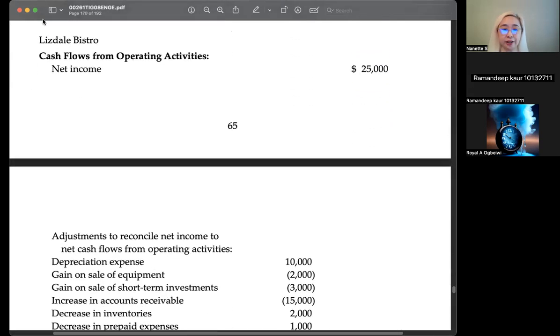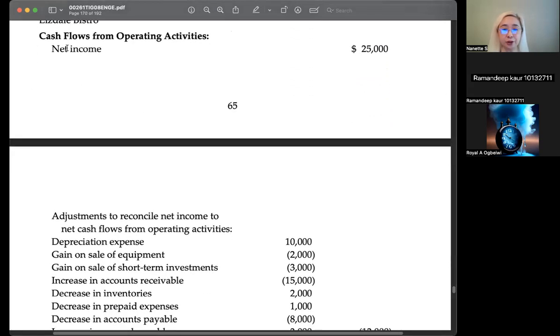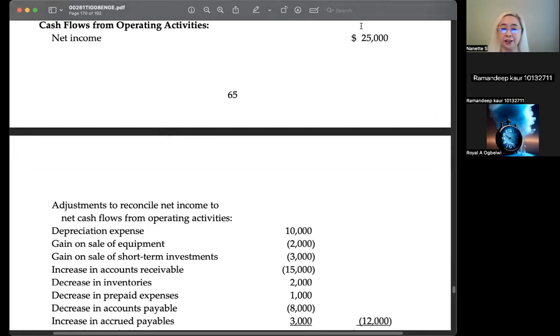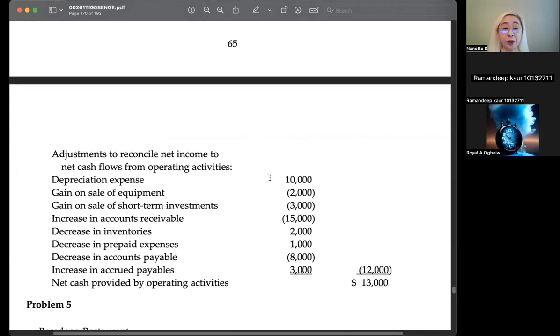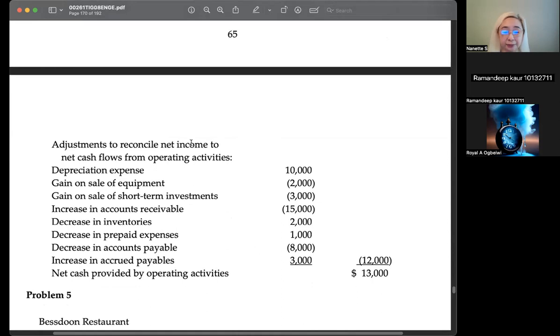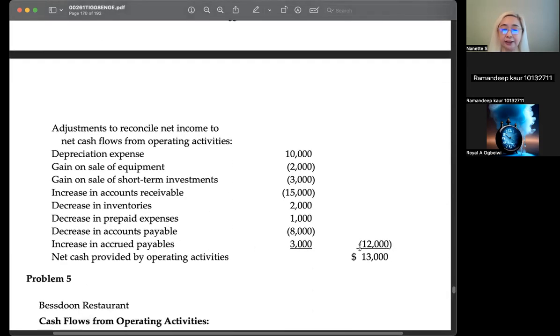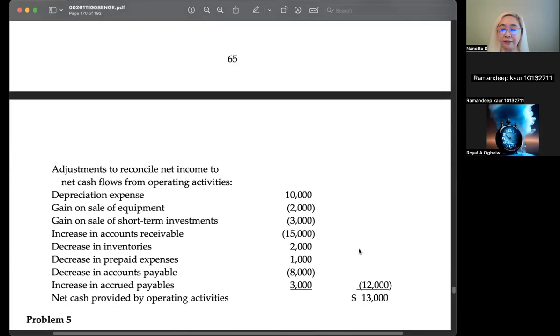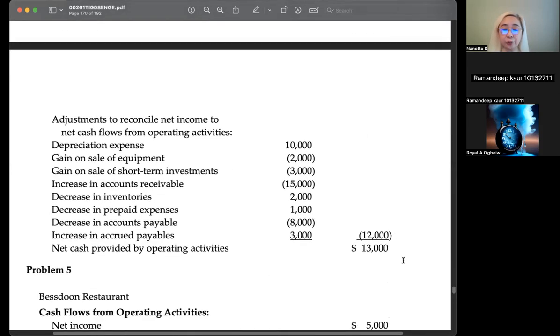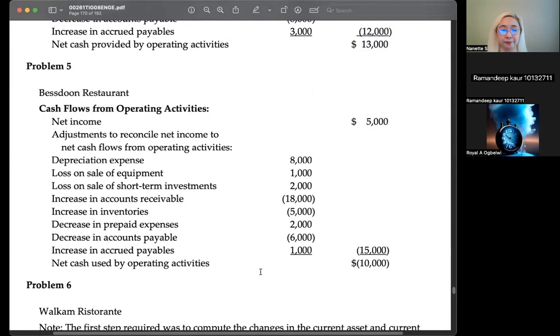So for this bistro, you have your cash flow from operating activities. Again, you start with your net income and then you add or minus the different items and categories under operating activities. So this is 25,000 minus 12,000. You will get your net cash provided by operating activities.